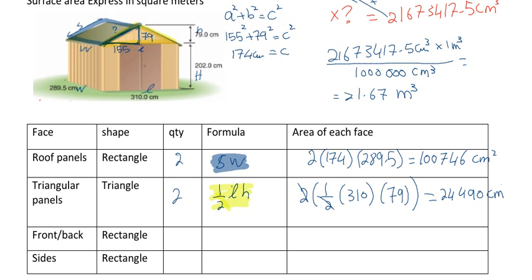So I found the area of the 2 rectangular panels on the roof, and the area of the 2 triangular panels on the roof. Now I'm moving on to the front and back. The formula for a square is S times W. S is this, and W is this.